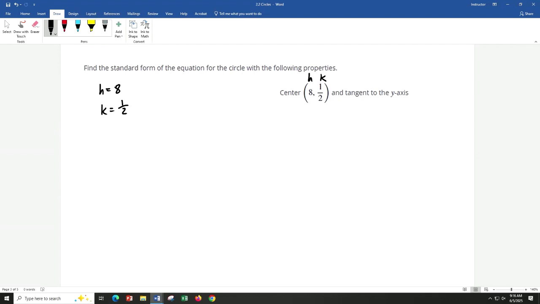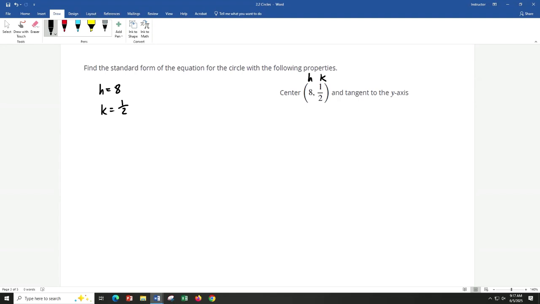Tangent to the y-axis. That means where does this function touch the y-axis? Well, let me give you a little hint. Tangent to y is always where x is 0. So if your problem says tangent to x, y is going to be 0.